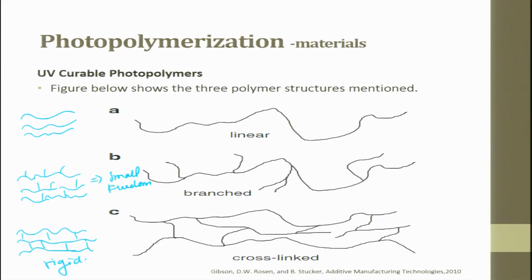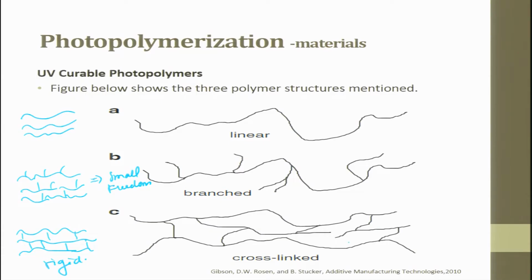Okay. So, when a photopolymer is used, by the exposure of the UV light, when the light hits this photopolymer, a cross link gets formed between the linear chains. This cross link makes the product rigid, and it does not have the freedom of shrinkage.